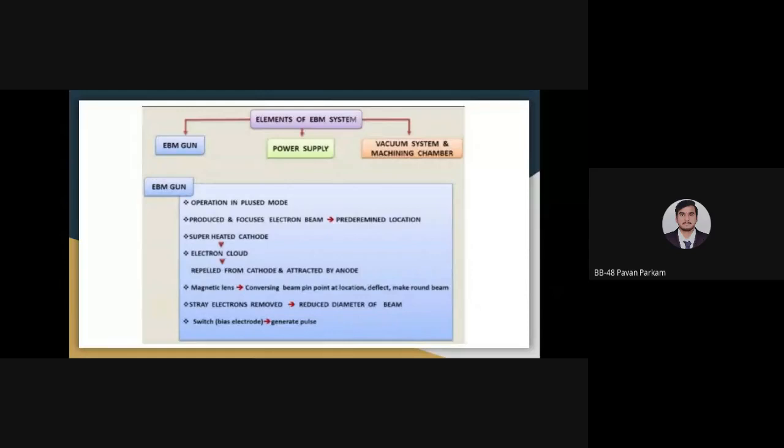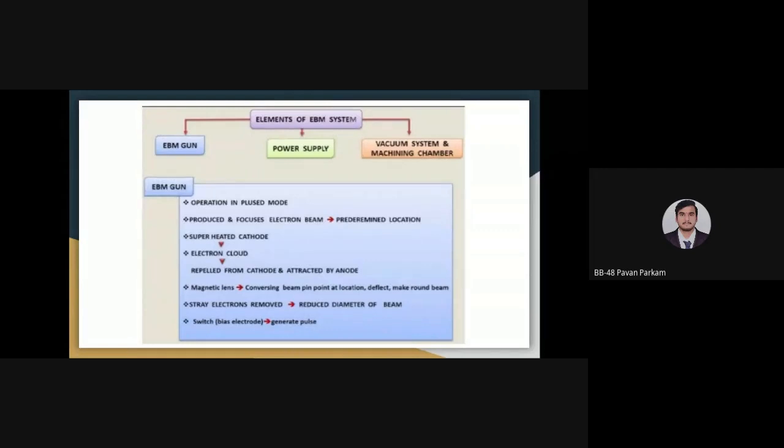The electron beam gun produces and focuses the electron beam on a predetermined location. There is a superheated cathode to generate the electron beam.